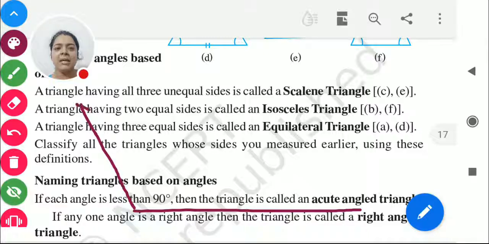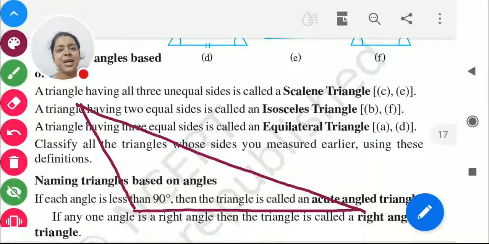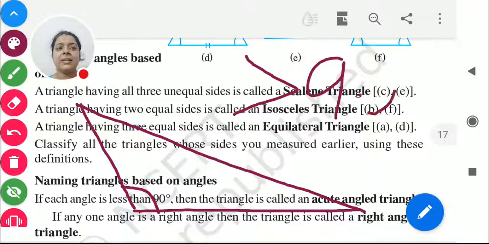Here when I add these 2 points, it will form a triangle. But this angle is more than 90 degrees, meaning this angle is an obtuse angle. At least one angle is supposed to be more than 90 degrees. So that triangle is known as an obtuse angled triangle.